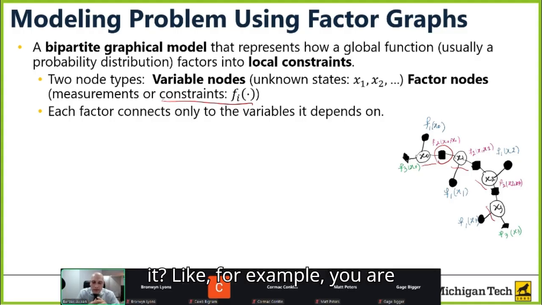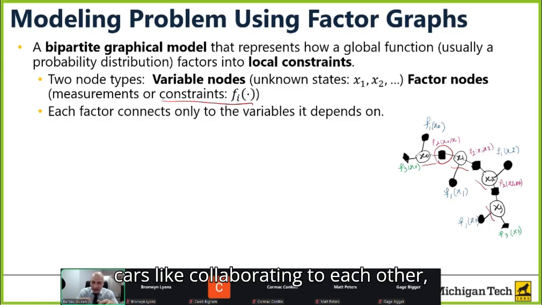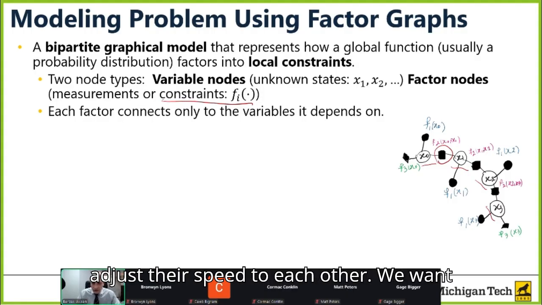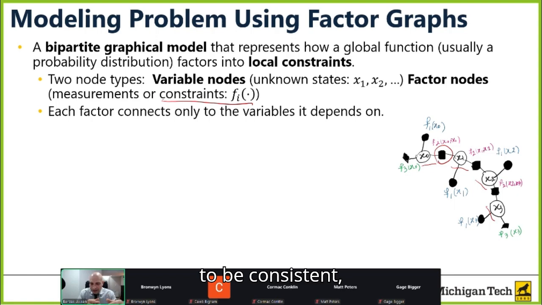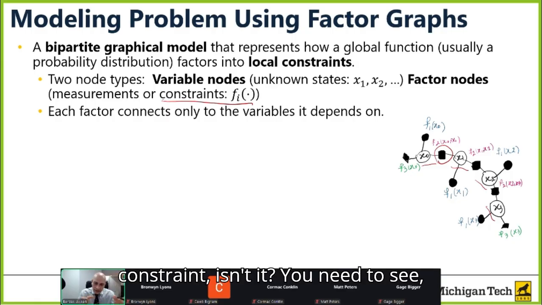For example, you are driving on a highway in a future world, maybe people are inside the cars, but the cars are collaborating with each other, and we have a rule that they have a certain speed, they need to adjust their speed to each other. We want to be consistent; consistency is a very important point we need to consider. That can be a constraint, isn't it?